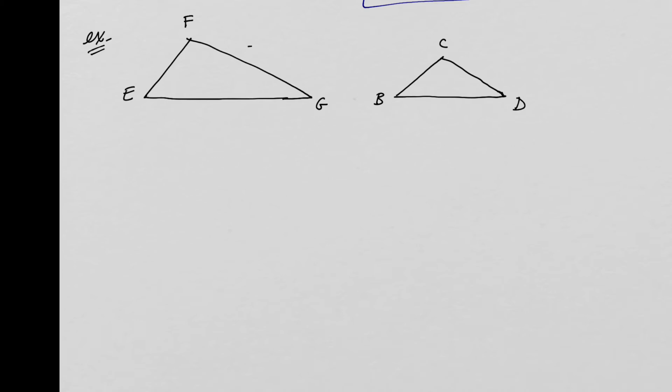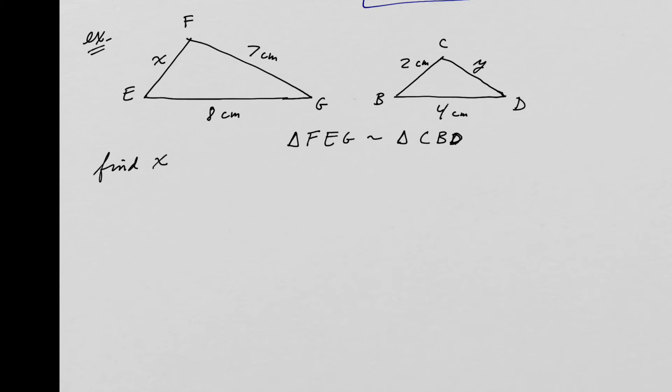Okay, let's say this length is 7 centimeters. This length is 8 centimeters. This is X. Let's say BC is 2 centimeters. This is, say, 4 centimeters BD. And then this is Y. And let's say we're told that triangle FEG, you could either call it FGE or FEG, doesn't matter what order, is similar to triangle, then I have to match, right, CBD. Okay, and then the goal here is to find X and Y.